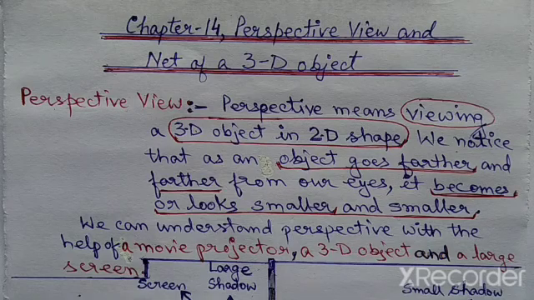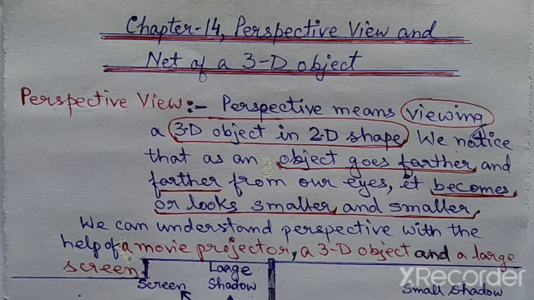No. So children, when we look at different objects from different positions, they give a different look of their size and shape. Here in this chapter we will learn only the perspective view.